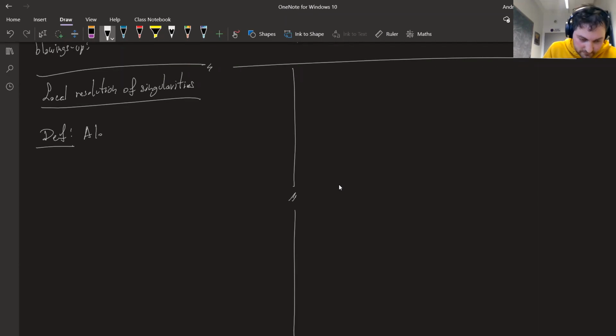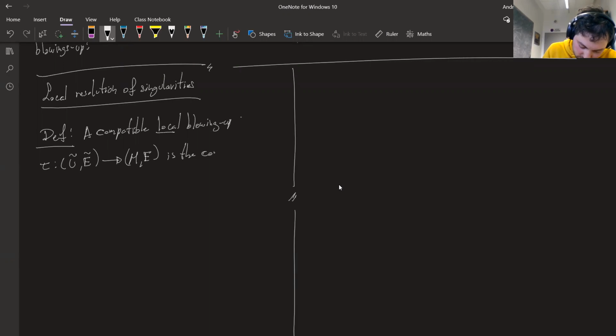So a compatible local blowing up from U tilde to M is the composition of a blowing up with a local immersion, and say proper.